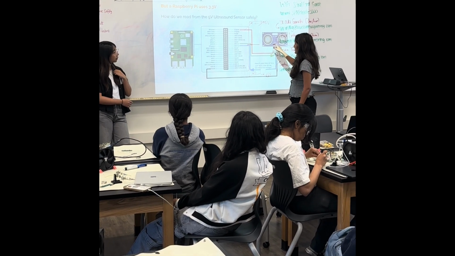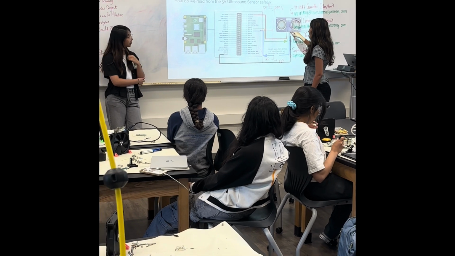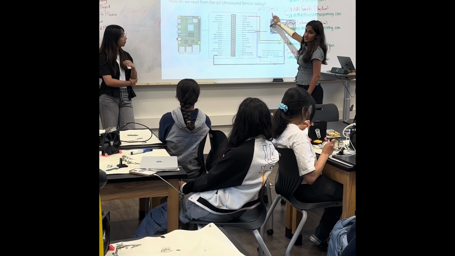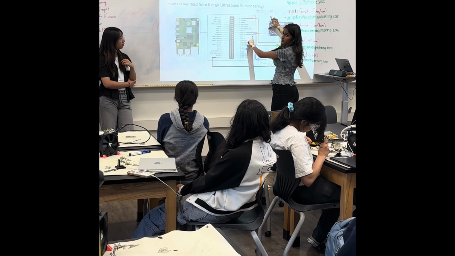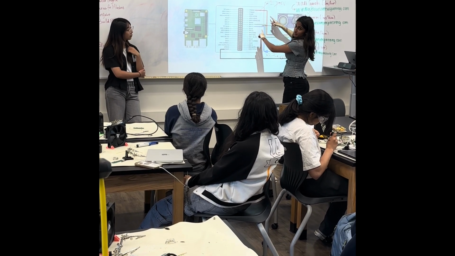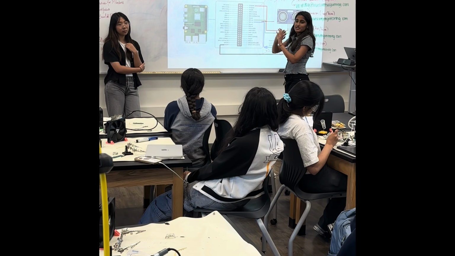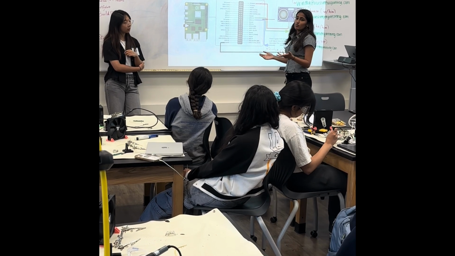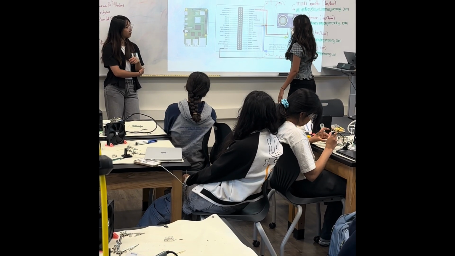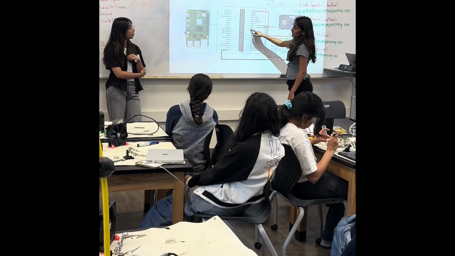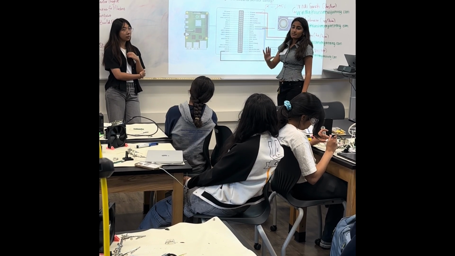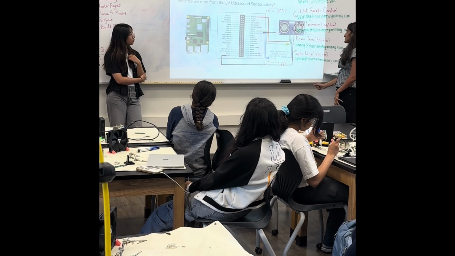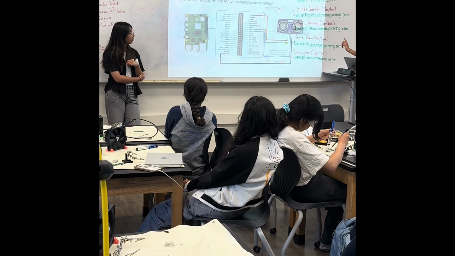So for this sensor, high is over here, but for this Raspberry Pi, high might be over here. So you see how it's going to misread the signal? It's going to categorize it in the wrong box, which we don't want. So you have to bring the signal down from 5 to 3.3 for the Raspberry Pi to read it. Does that make sense?